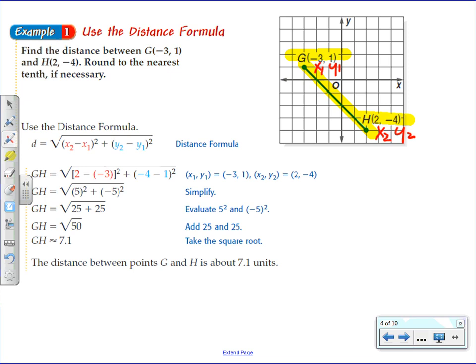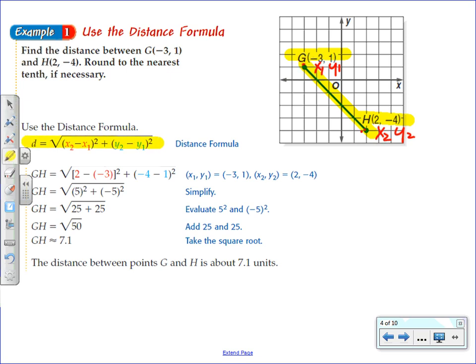It doesn't matter which point you label as first and second, as long as you're consistent, okay? The distance from here to here is the same as the distance from here to here, right, guys? So it doesn't matter which one comes first. Okay, so now we'll use our distance formula.